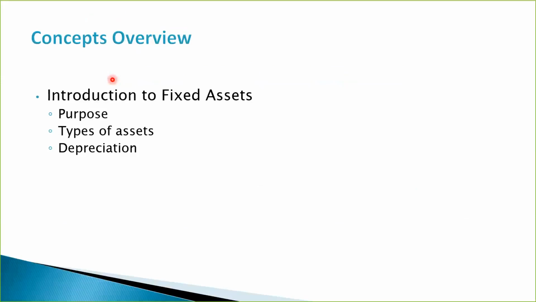We are going to see what the purpose of FA is, what it does as a module, and its relation to the other modules. The other thing that we are going to talk about is an introduction to the types of assets that we can have, so that we have an understanding of what we are talking about when we are discussing the module and the configurations.